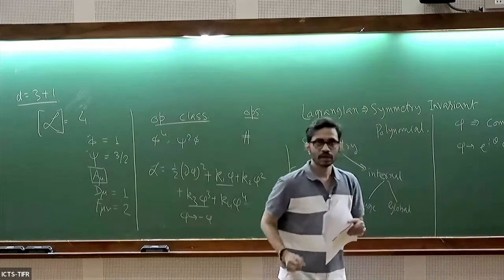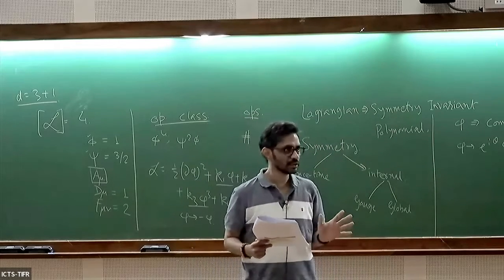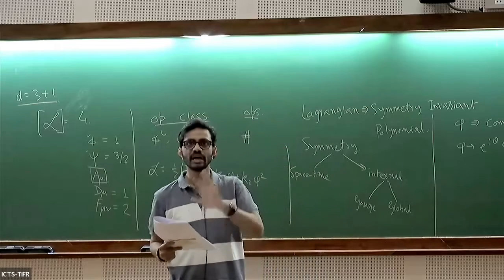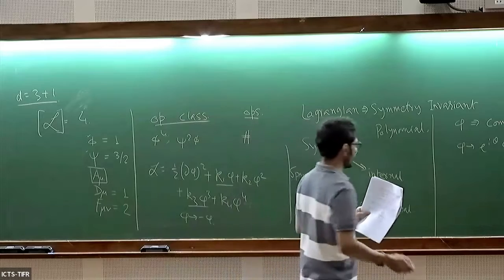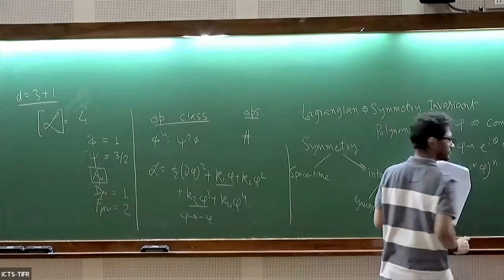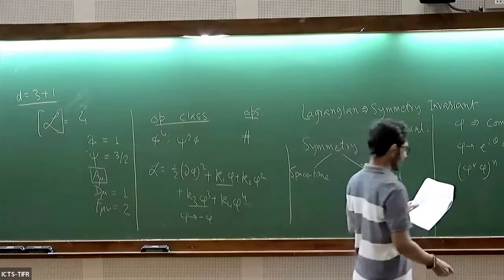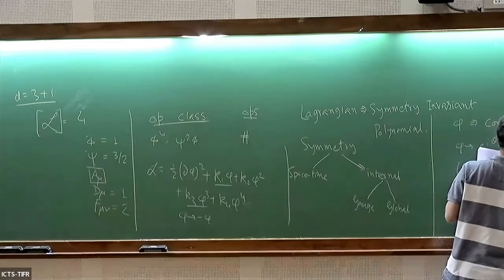Now if I consider that phi is not dynamical, that phi doesn't have any kind of kinetic term, what kind of invariant term can I construct? It looks like phi star phi whole to the n, where n belongs to the non-negative integers.